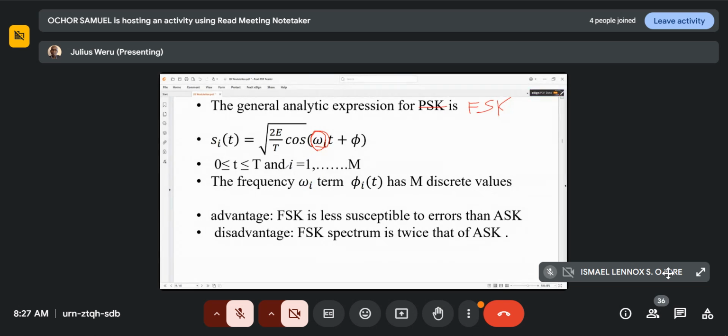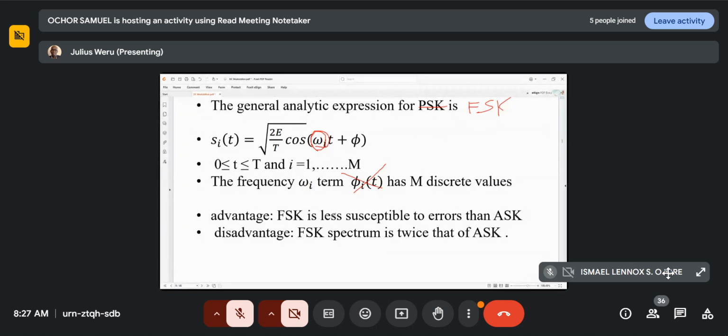So in this case, we have i from 1 to M, and the frequency term again has M discrete values. Sorry for this. I think it's because I was getting one and copying onto the other one, and I forgot to delete some things. So the frequency term has M discrete values.